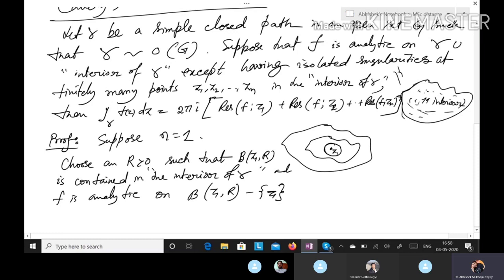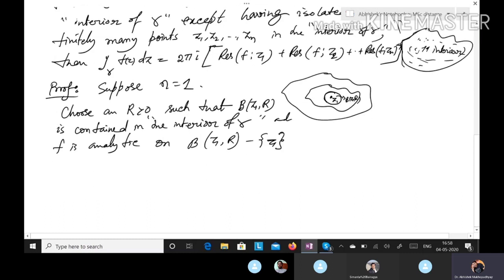This is B(z1, R). Then, by the definition of residue, one can define: this is the path, this is the circle on which we have to evaluate the integral.